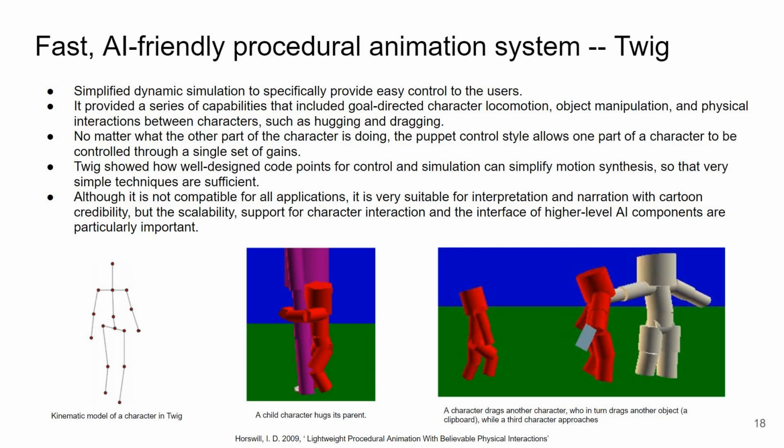It provides a series of capabilities including goal-directed character locomotion, object manipulation, and physical interactions between characters, such as hugging and dragging. On the other hand, no matter what the other parts of the character are doing, the puppet control style allows one part of a character to be controlled through a single set of gains.